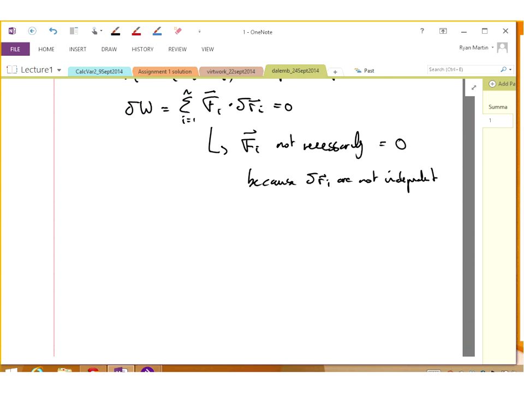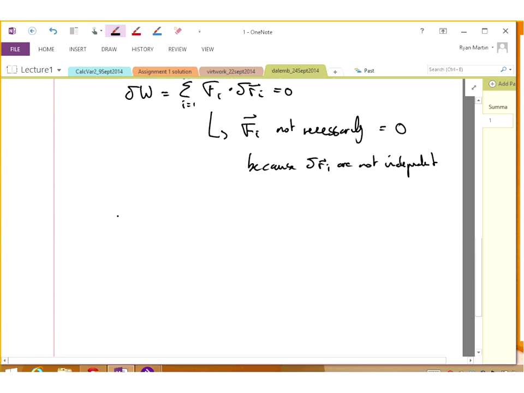So let's write out the virtual work again. I'm not going to use the script F because I'm going to separate them out. So the total virtual work is the sum over n particles of the applied force plus the inertial force of particle I dotted with delta ri, and that's got to be equal to 0.